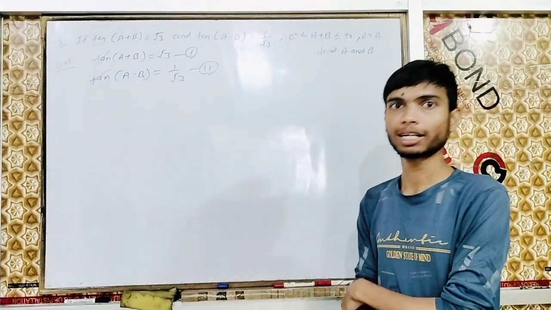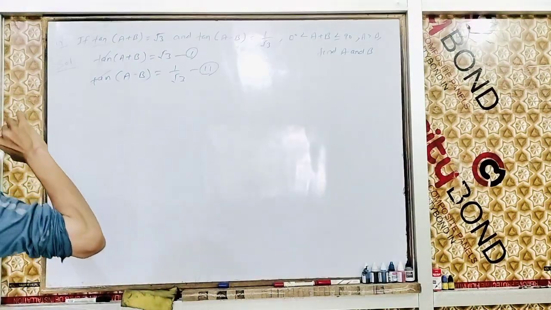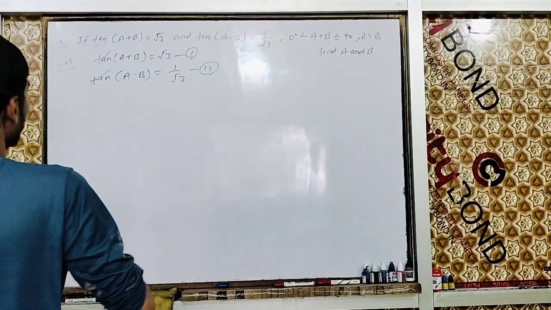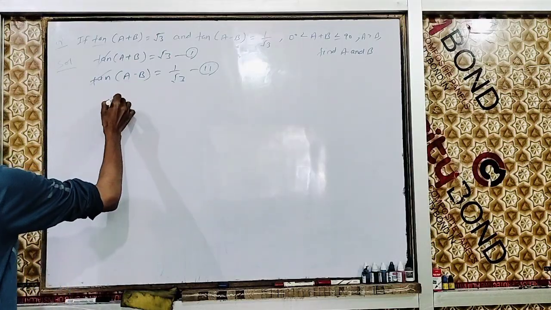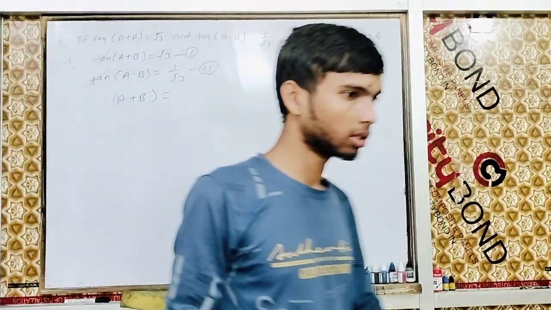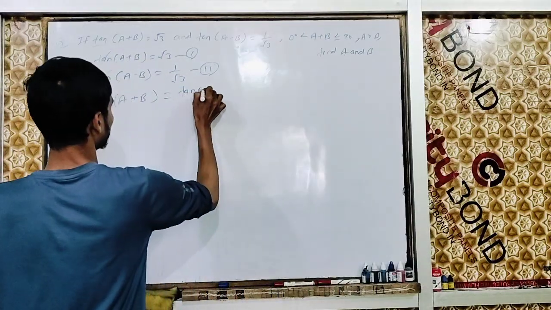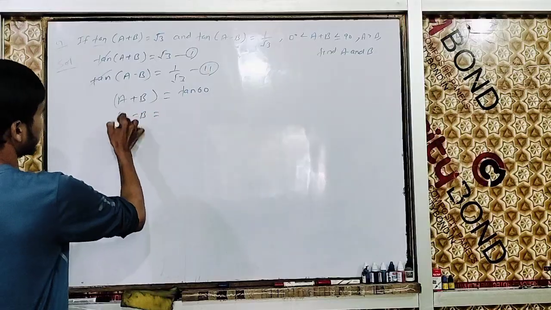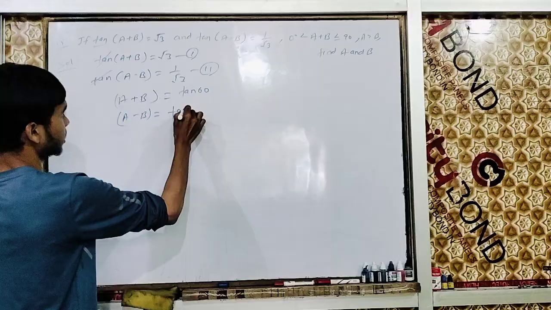Here it is directly telling you that a plus b, root 3, is nothing but the value of tan 60, and a minus b, this is the value of tan 30.